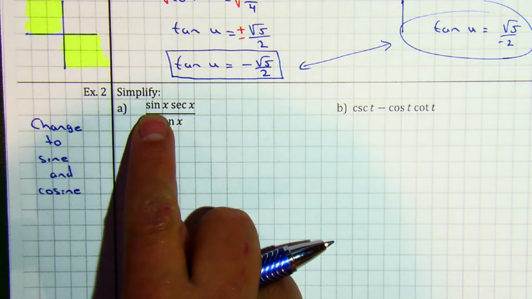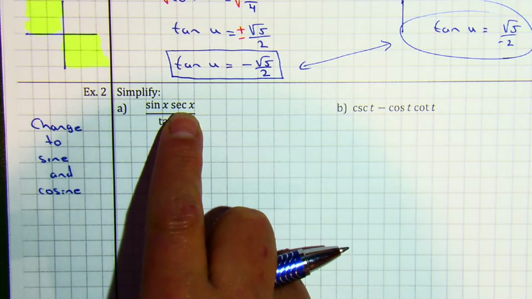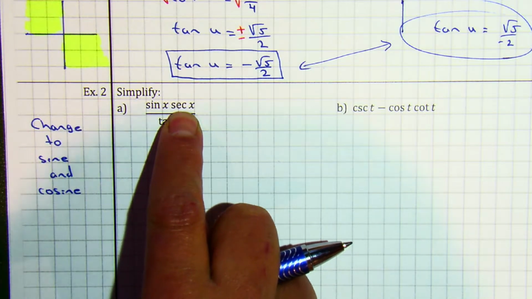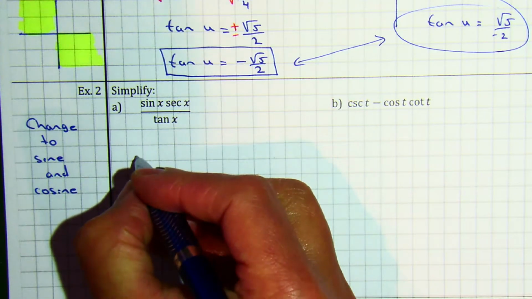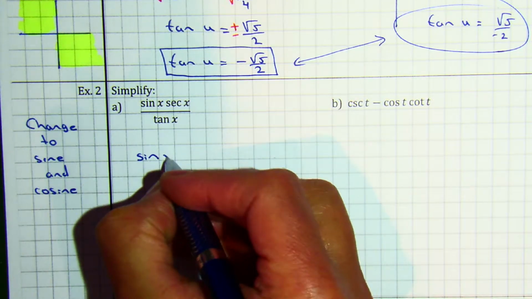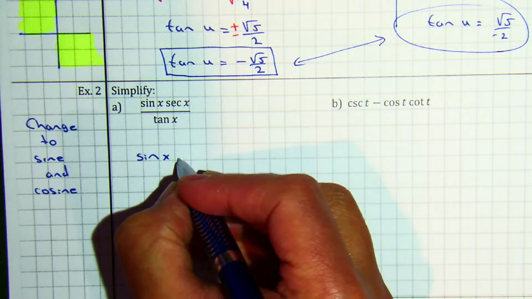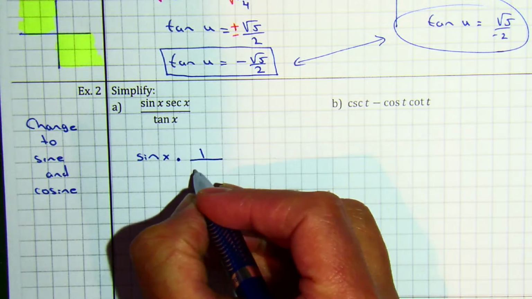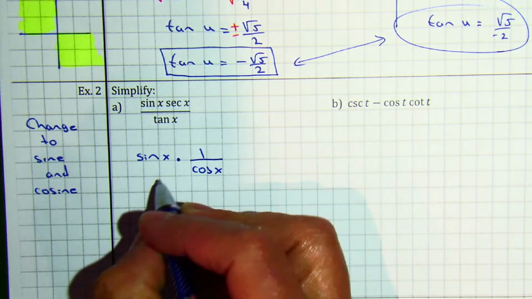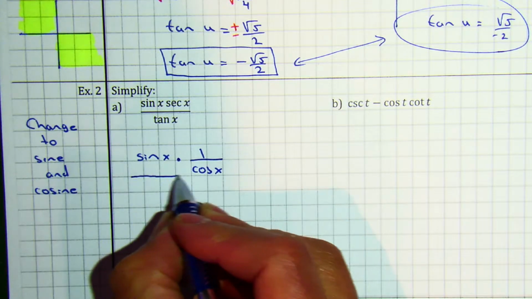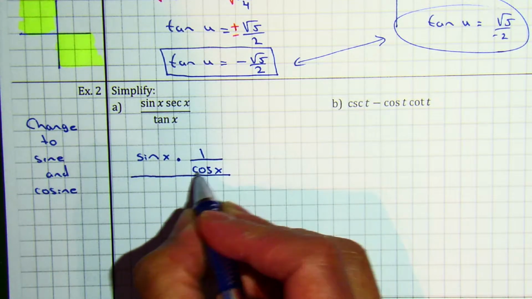Well, sine, it's already sine. Secant, I know that secant is the reciprocal of cosine, so I can replace secant with 1 over cosine of x. Notice that I take the time and the space to make sure that I place it in the denominator.